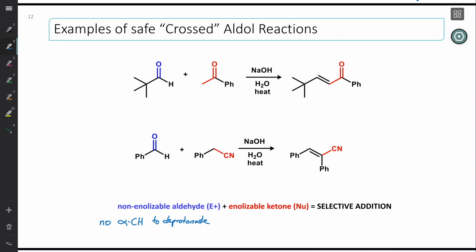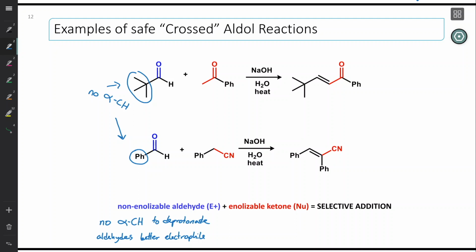Also, usually aldehydes are the better electrophiles. So if you can get an aldehyde that cannot be enolizable, right? So here, no alpha CH. Here as well, this benzene ring, that compound cannot become the enolate.